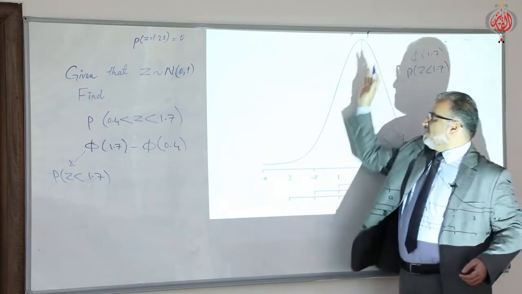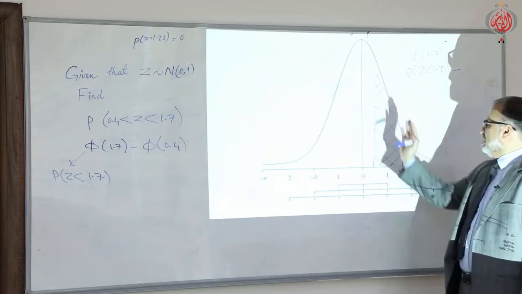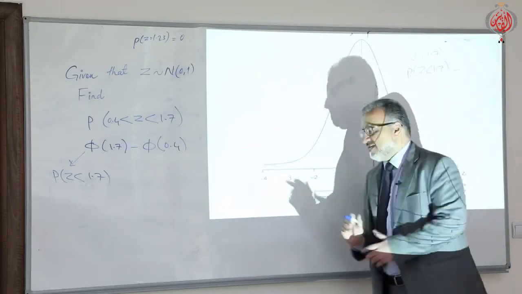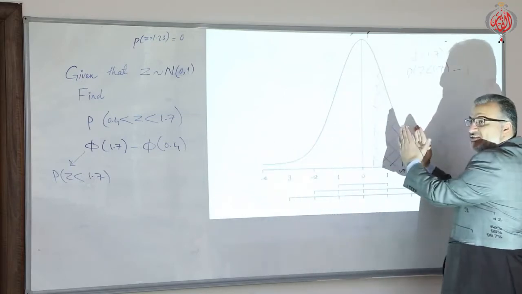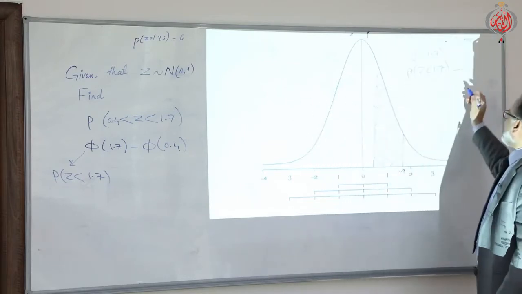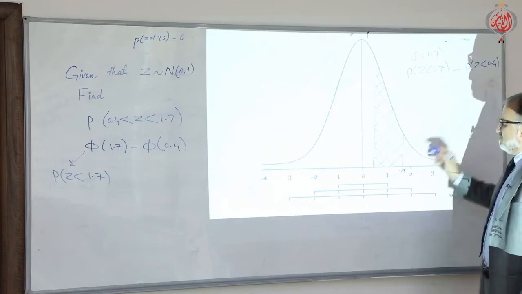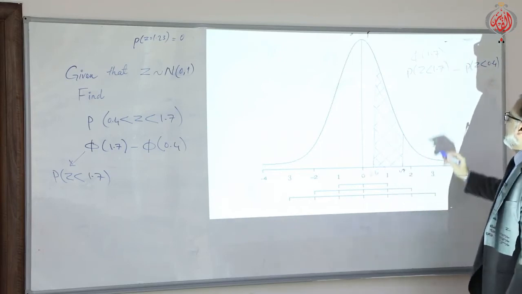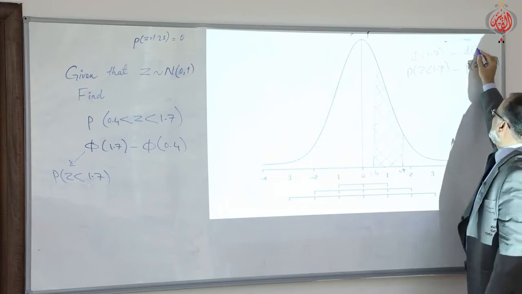It is all of that minus that one. All of that, erase that part, and you will get this shaded region. And what is this? It is nothing but the probability of z less than 0.4, as we said in the question. In other words, it is phi 1.7 minus phi 0.4.